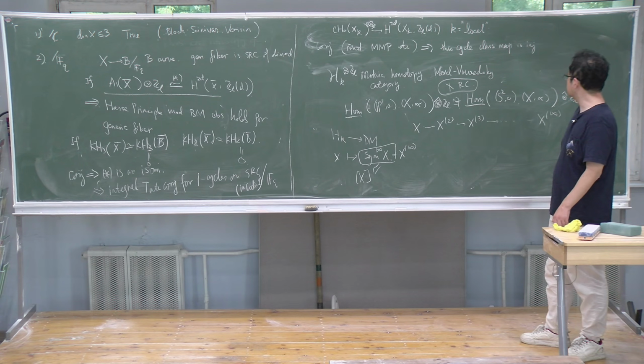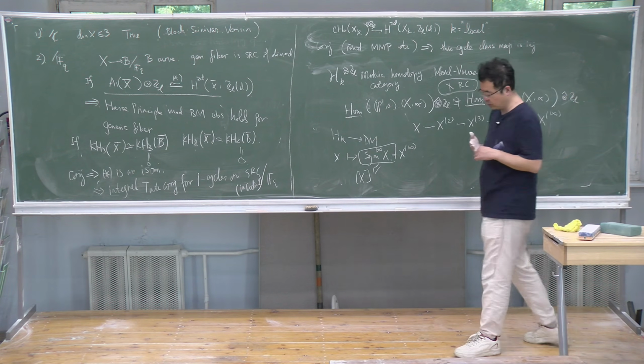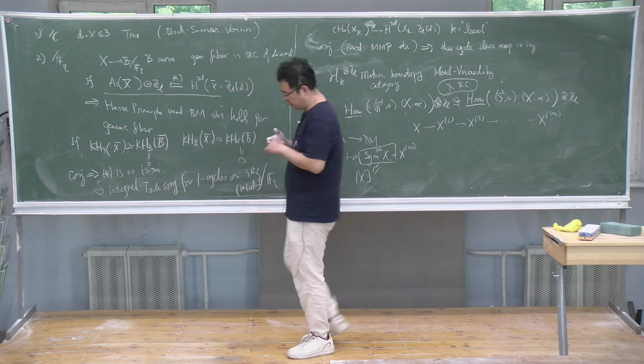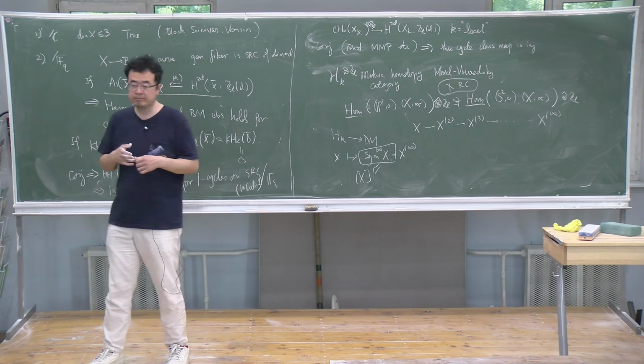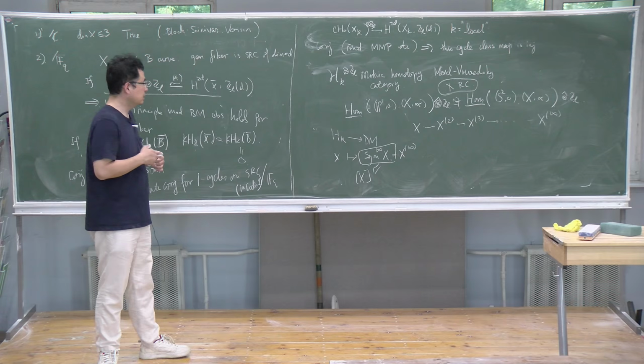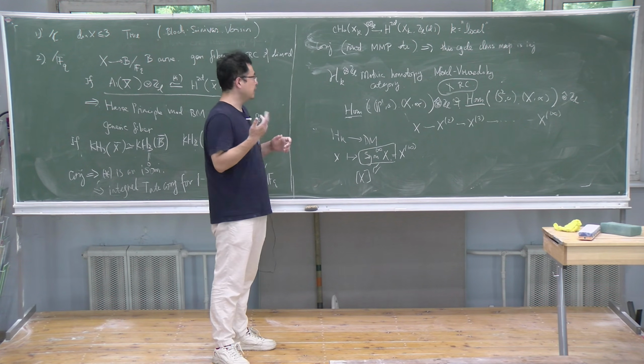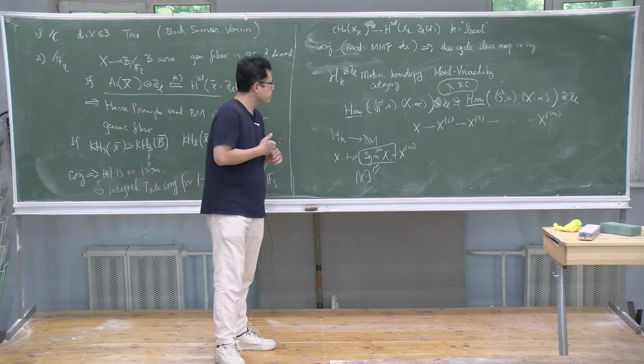And this fiber just vanishes when X is rationally connected. Right, yes. So people don't understand what the obstruction for this map to be an equivalence is. That's right. That's a good point.